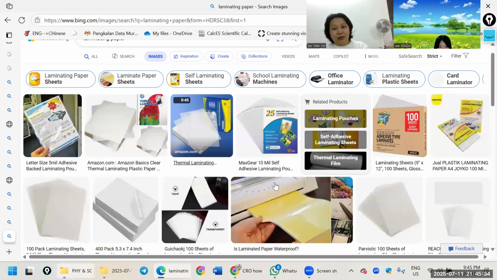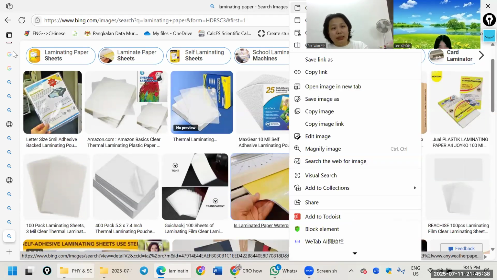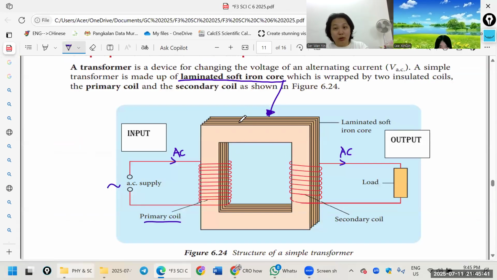We put a plastic on paper. So this laminated soft iron core is the same thing. We laminate the soft iron core piece by piece, then we glue it. Then this is the output, which we call the secondary.